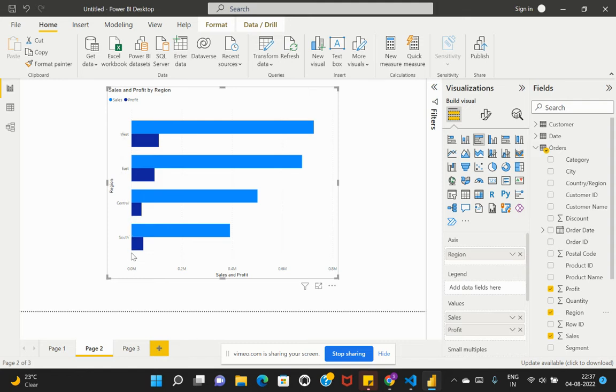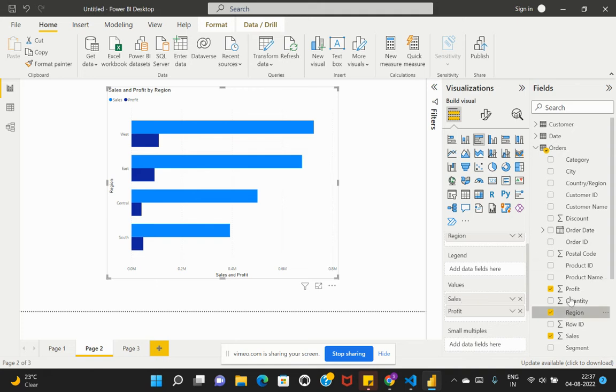So based on my region, I would like to perform the comparison between these two measure values, which is my sales and the profit value, and these two measure values I had placed them within my values pane. Okay, so now once I place these two measures on my values pane, I see that the clustered bar chart has been created on its own.